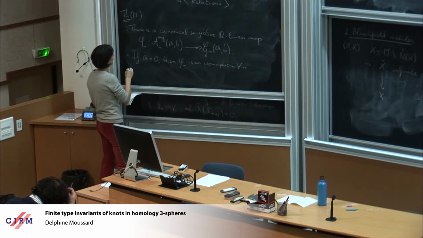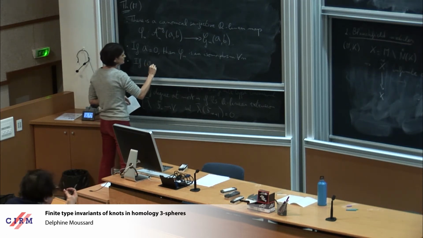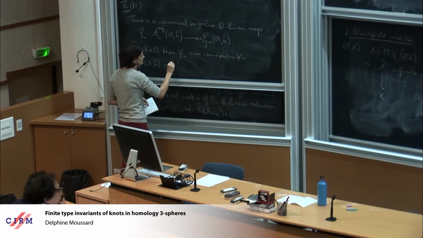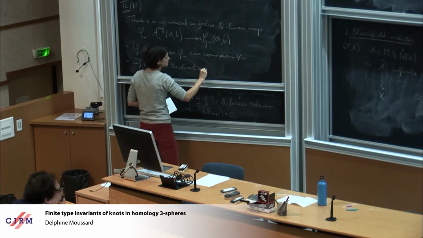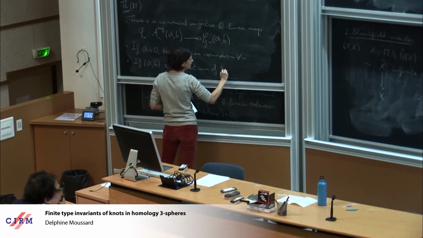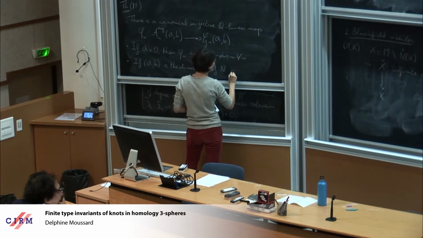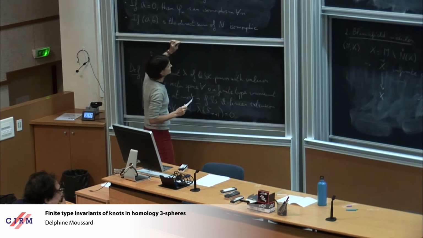And the second thing, if the module AB, the Blanchfield module, is the direct sum of capital N isomorphic Blanchfield modules, and I will go on the next blackboard.